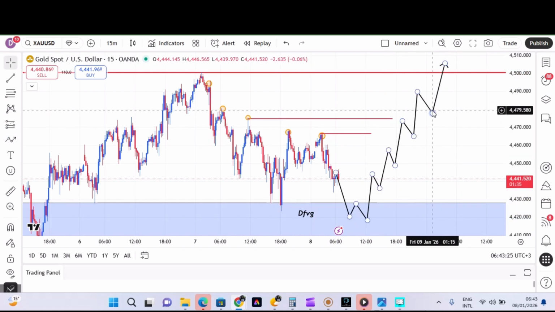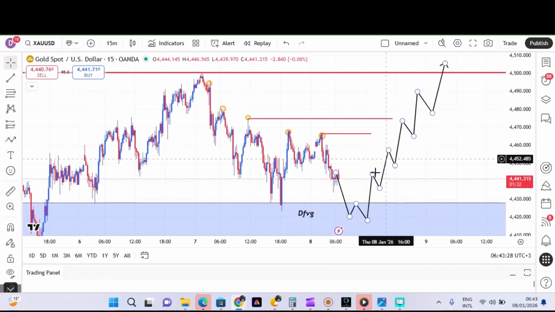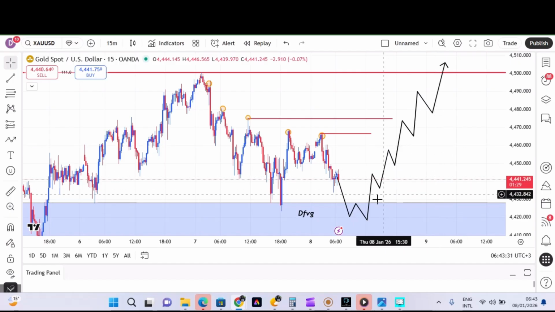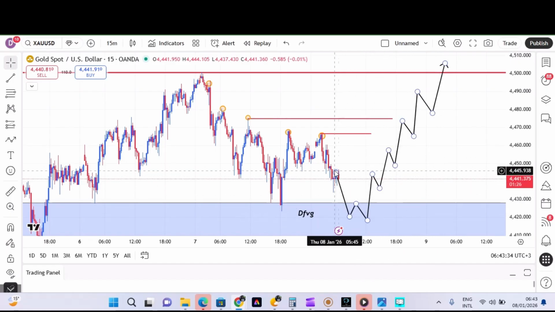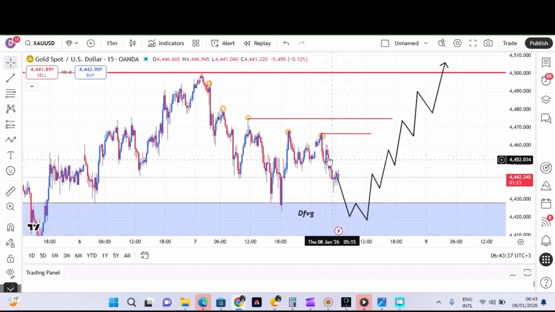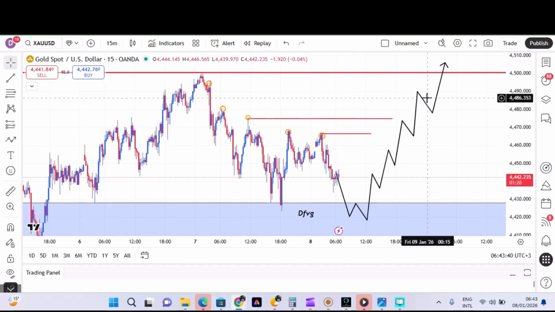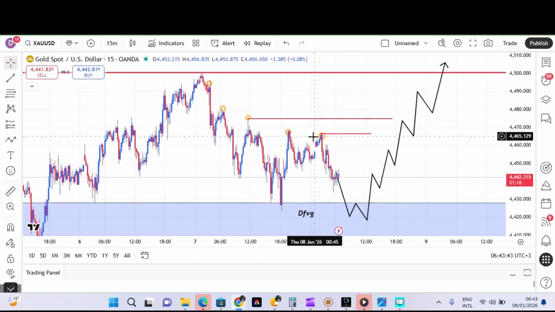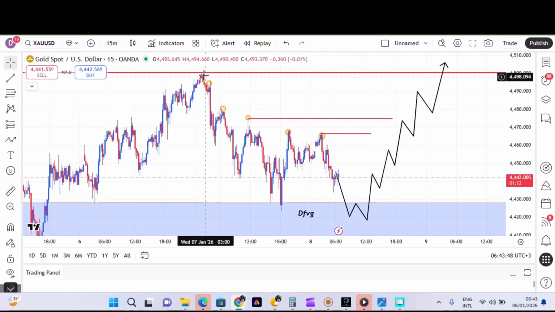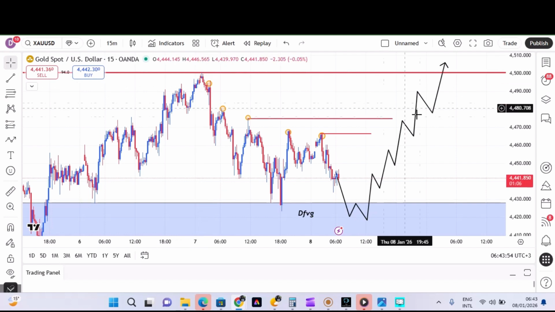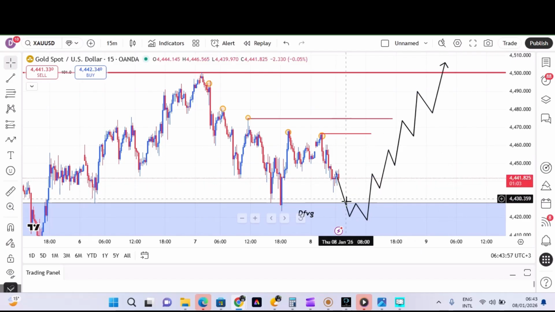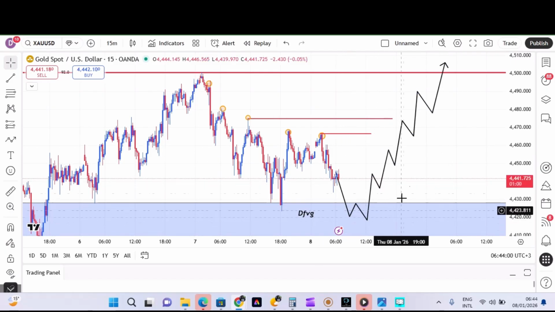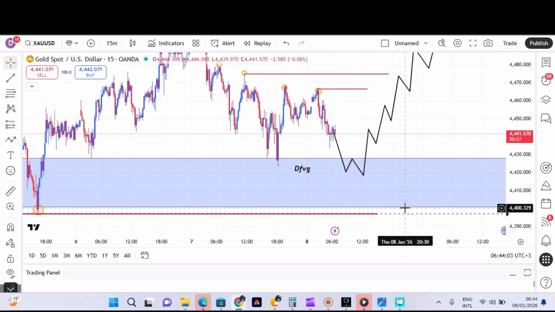I don't know when, but within these 2 days, today and tomorrow, if it does not dump more down, I'm saying in case the market is now changing the trend to bullish. So what are we eyeing in the bullish trend? We are eyeing this liquidity, this one, this liquidity, the buy side higher price we have this week. But of course, gold has to come, collect orders, or even push to the psychological support level 4400.